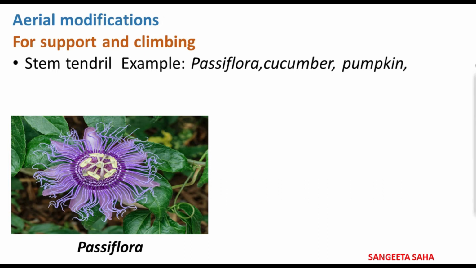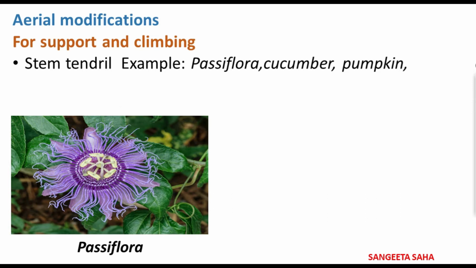You can see this in the diagram, Passiflora. They coil around and help in climbing. Other than Passiflora, it is also seen in gourd, cucumber, pumpkin, watermelon and grapevines.